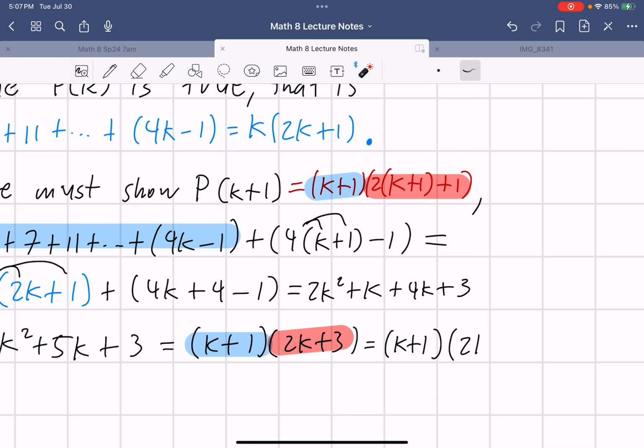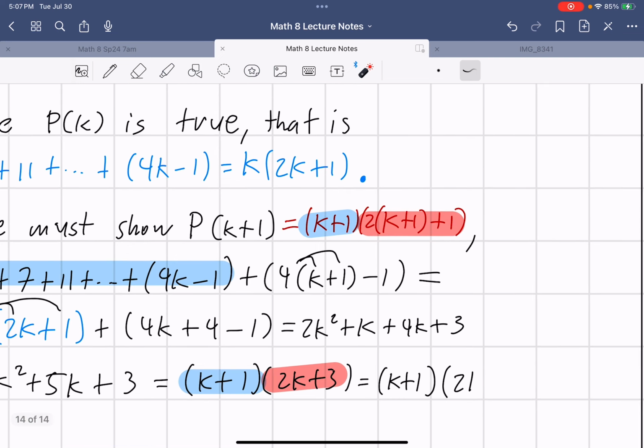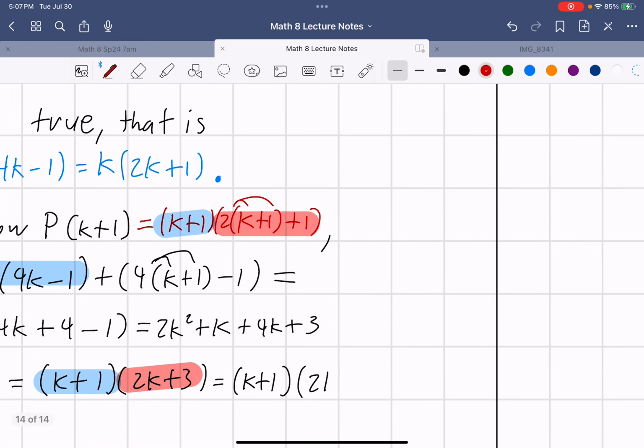Sometimes, since I already know what I'm looking for, I can start opening this up. If I make a quick note, this is similar to what we did with verifying identities, where sometimes you can start working with the right hand side, even though you're not supposed to.